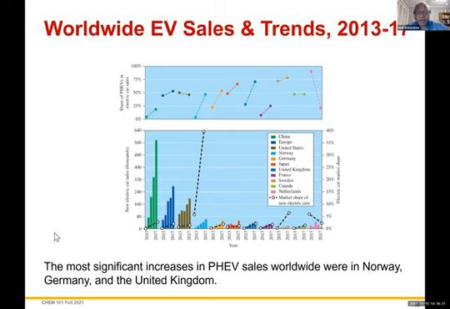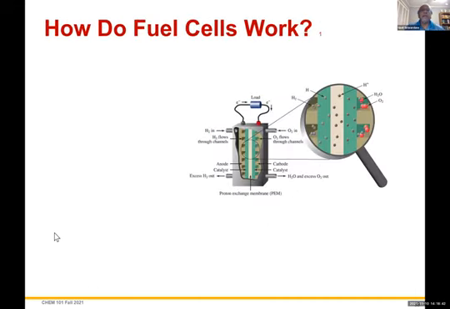The most significant increase in plug-in hybrid electric sales worldwide were in Norway, Germany, and United Kingdom. So we are kind of behind.